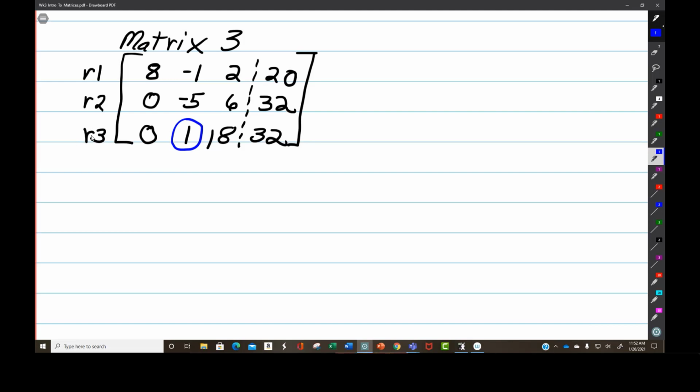If I multiply row 3 by 5, then I'll have negative 5 plus 5, and that's 0. So my recipe is going to be row 2 as it is, plus 5 times row 3.